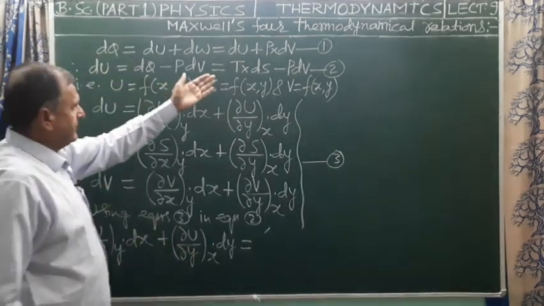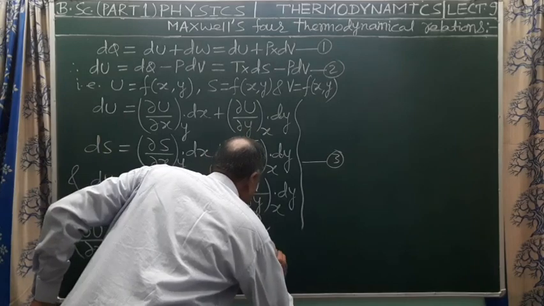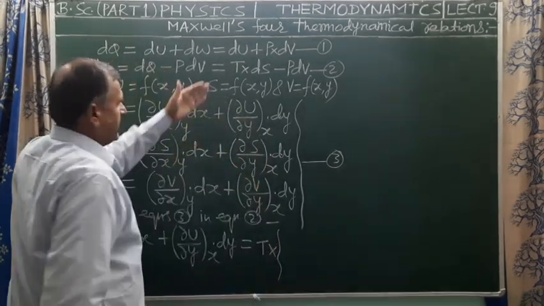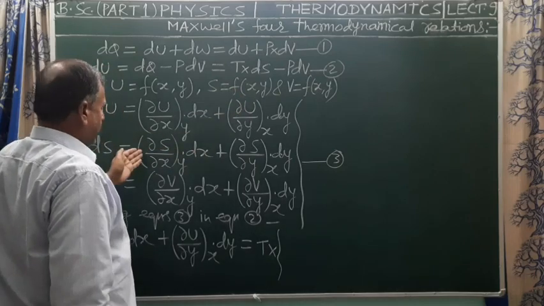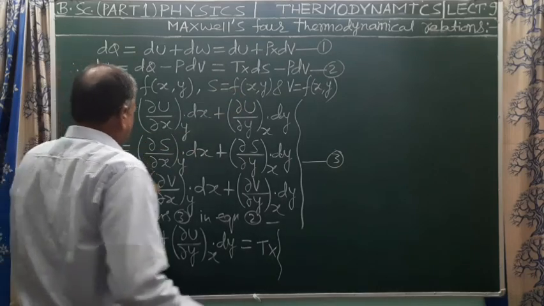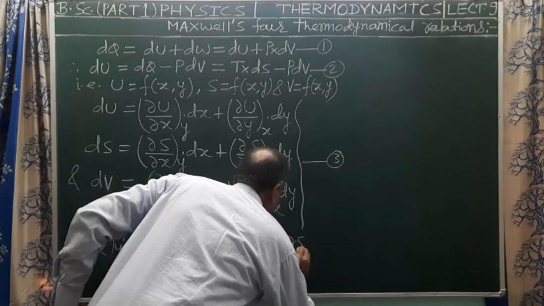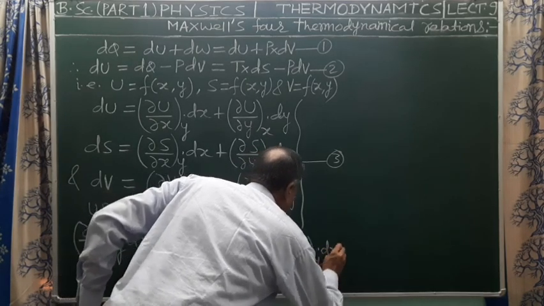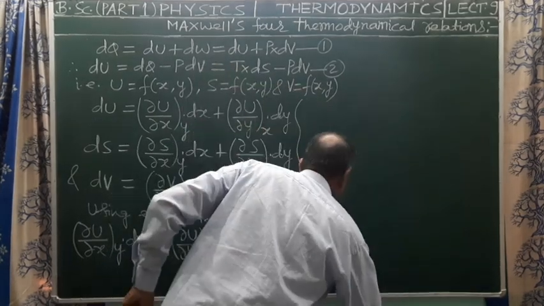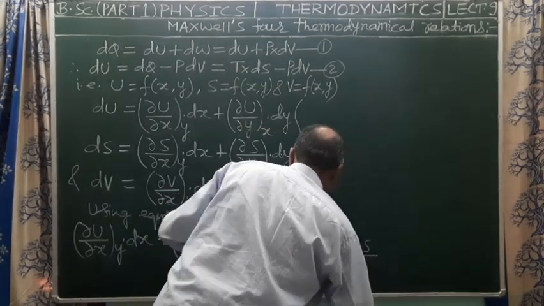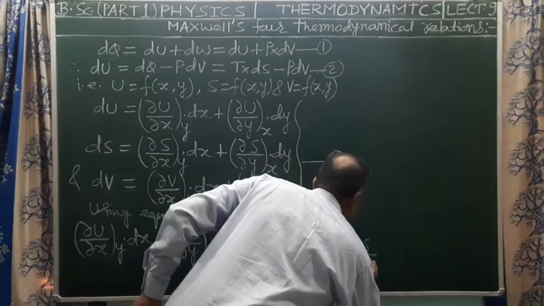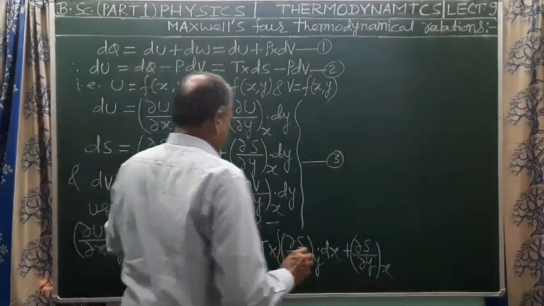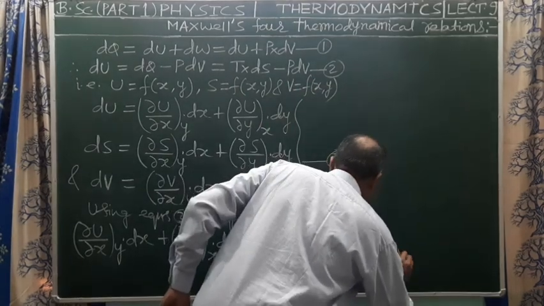Now the RHS is T multiplied by ds. So in place of ds we can write del s upon del x at constant y into dx plus del s upon del y at constant x into dy.